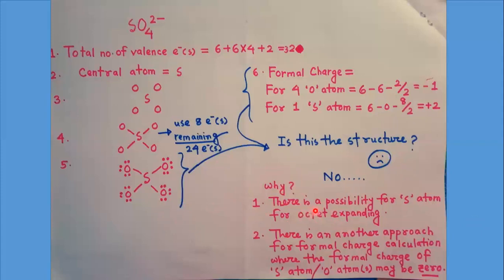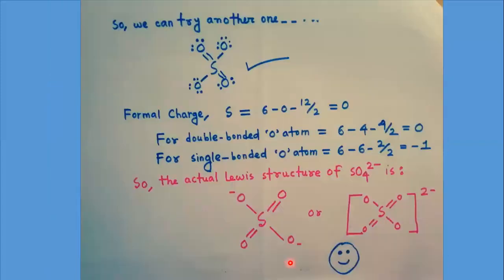So as there is a possibility for octet expansion, this is not the perfect structure. Number two, there is another approach for formal charge calculation where the formal charge of sulfur atom or oxygen atoms may be zero. So let's try another one.